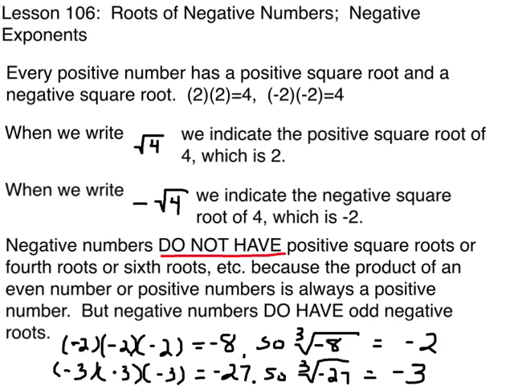However, negative numbers do have odd negative roots, because negative 2 three times would be negative 8, and negative 3 three times would be negative 27. So we can say the cubed root of negative 8 is negative 2, or the cubed root of negative 27 is negative 3.